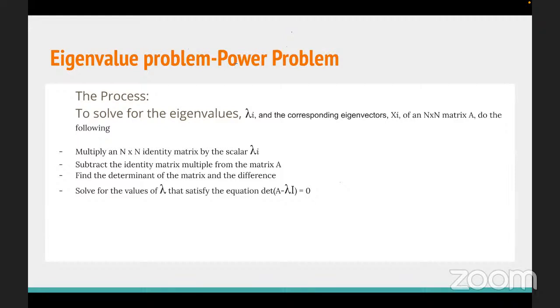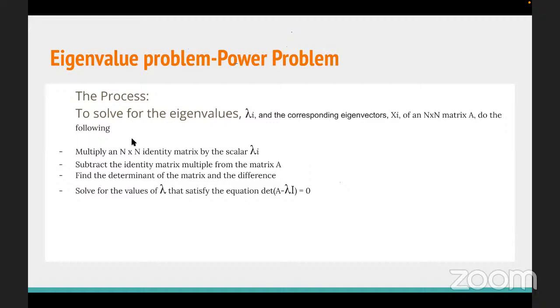Right, now we want to calculate the eigenvalue. There's no way you calculate the eigenvalue without also getting the eigenvector. Sorry, I'm trying to catch my breath. All right, so to calculate the eigenvalue of an n by n matrix, first we multiply the identity matrix by a scalar quantity.